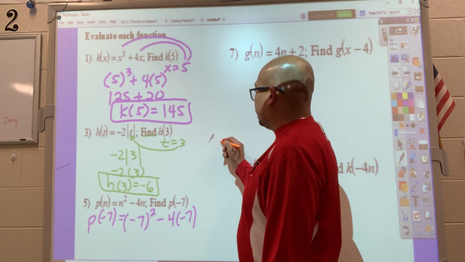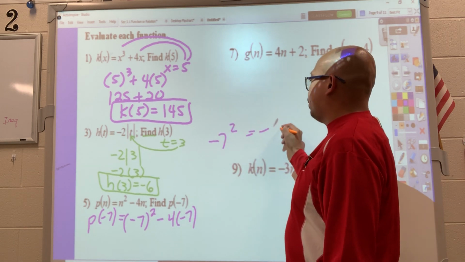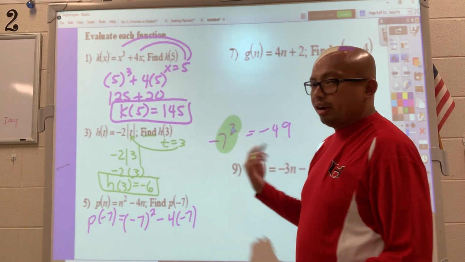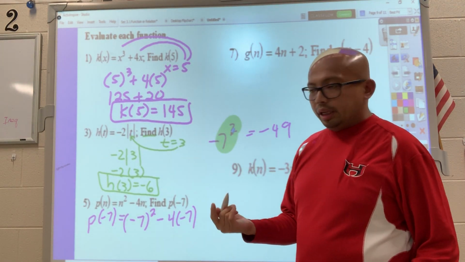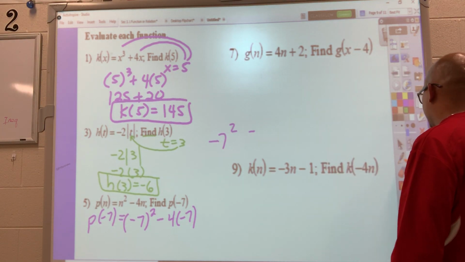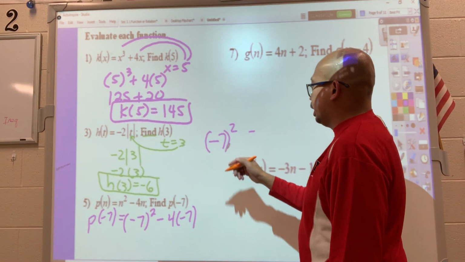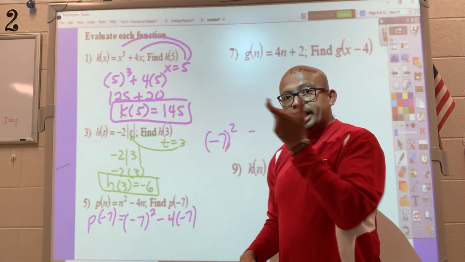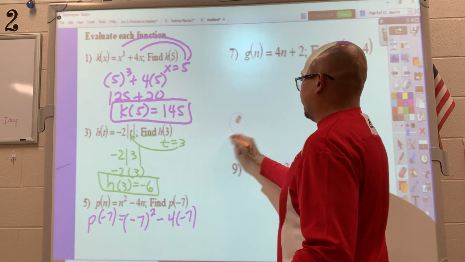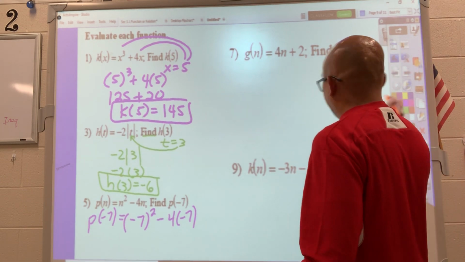Why? If you just put negative 7 squared, it will give you negative 49. That's wrong. The calculator reads it as 7 squared, and whatever your answer, there's a negative waiting. But in reality, in this case, you have a negative 7 squared there, so multiplying negative 7 by negative 7 should give you a positive 49. So pay attention to those little things, okay?